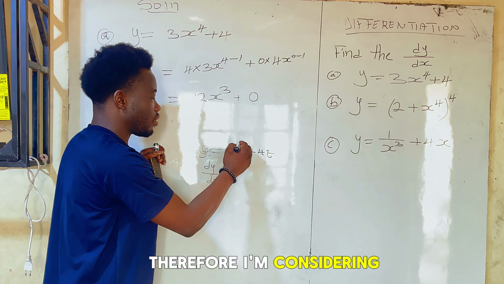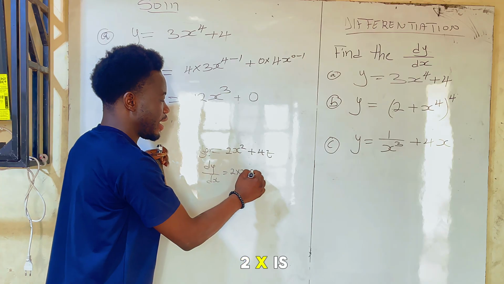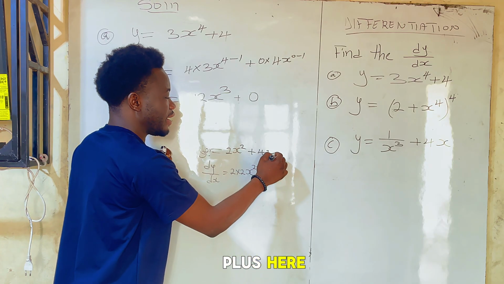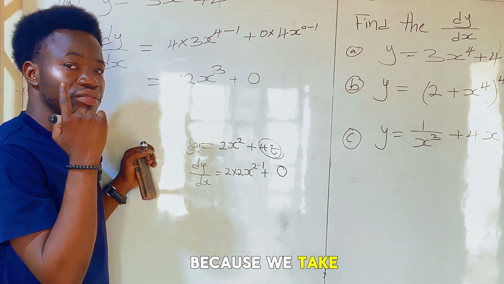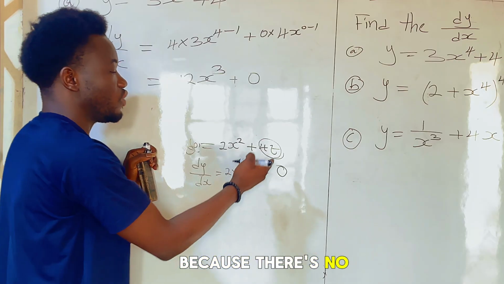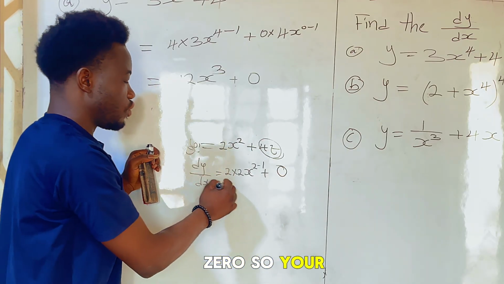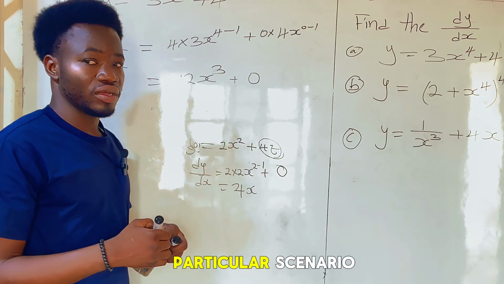Therefore, I'm considering this. So 2 times 2x exponent 2 minus 1, plus here, because there's no x, we round it to 0, because we take it to be a constant. So automatically it becomes 0. So your final answer is going to be 4x in this particular scenario.